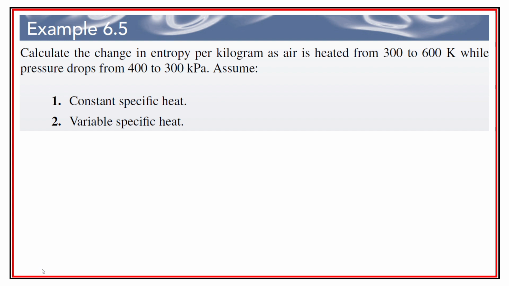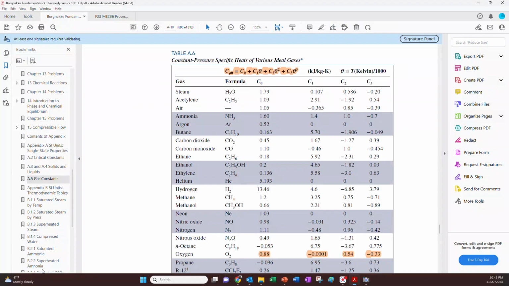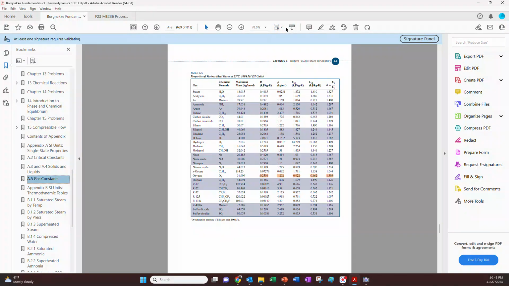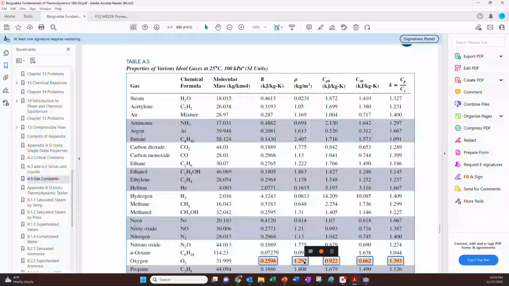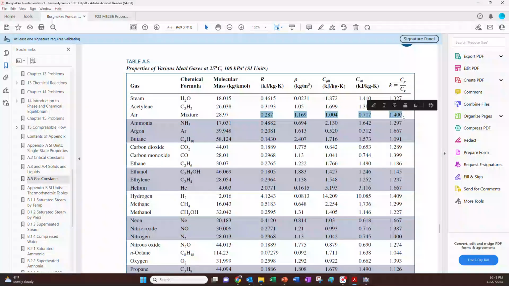To start with, let's look up some variables. So let's go to our gas constants, and we're going to use air this time. We've probably looked it up a bunch of times, and maybe we're even memorizing it at this point, but let's look it up anyway.